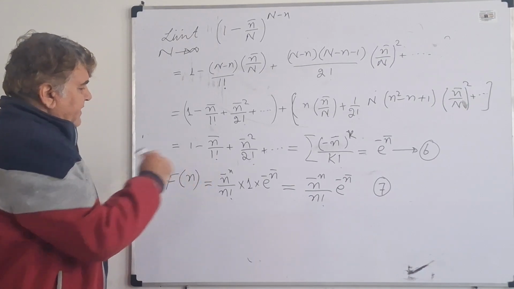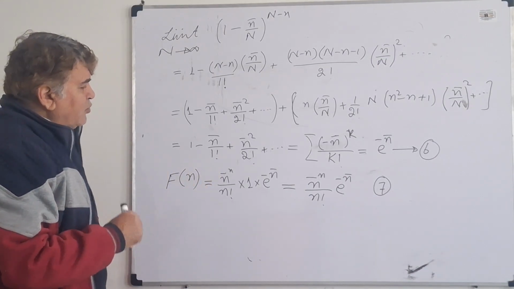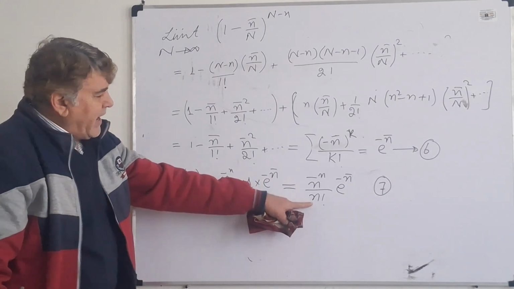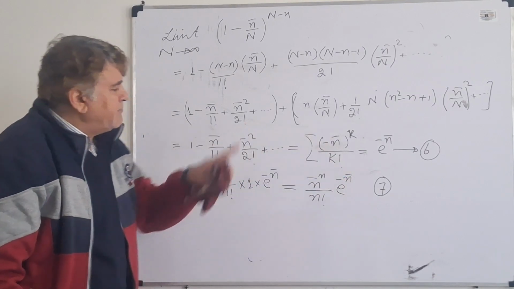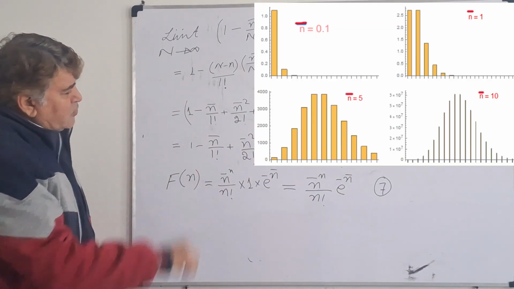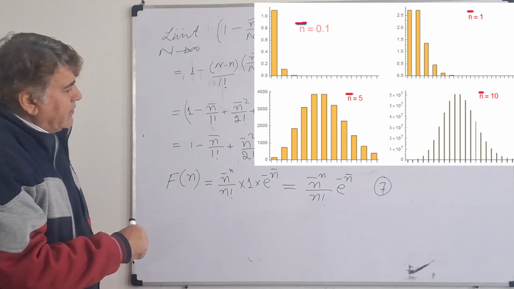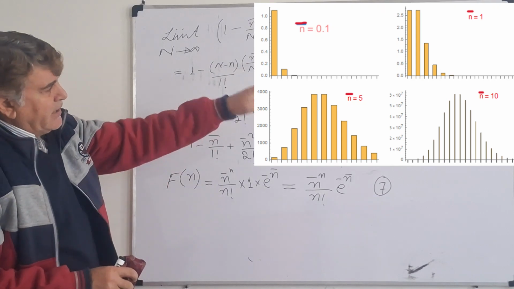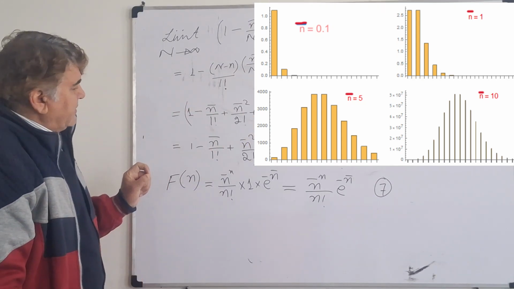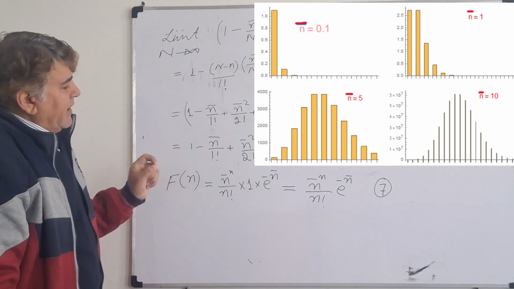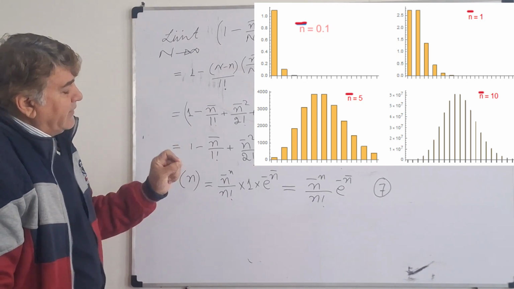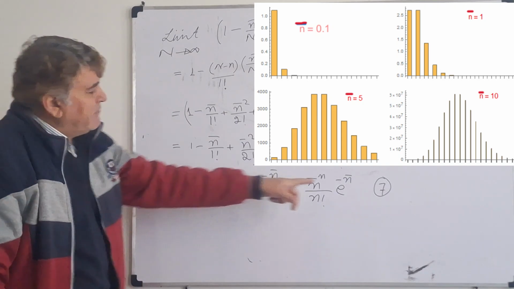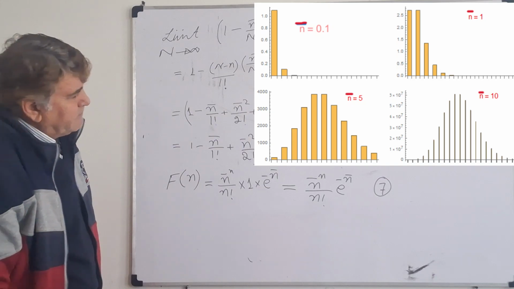To visualize its behavior, I want to plot this relation, that is equation 7, against n for different values of the mean, and I set the values to 0.1, 1, 5 and 10, and I do that in Mathematica. So you see the plot over here. You see that the peak of each curve happens at the mean value, that is n bar, and the width increases as the mean value increases in the plot.